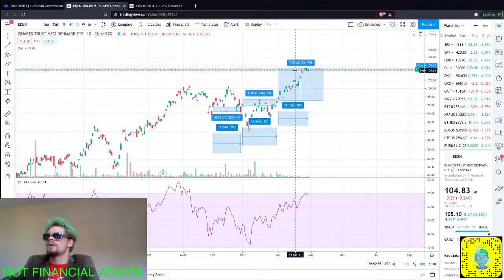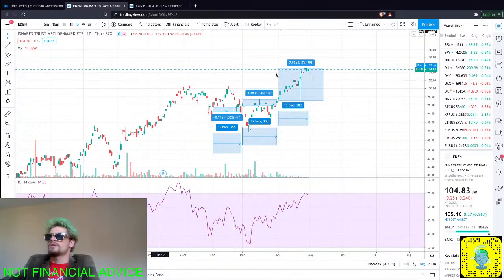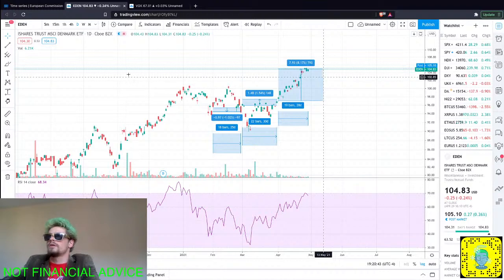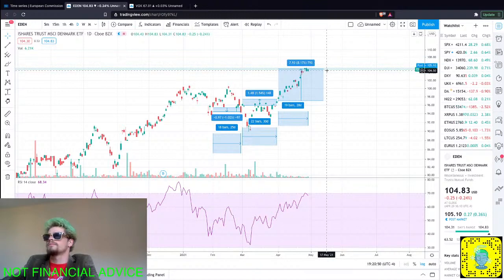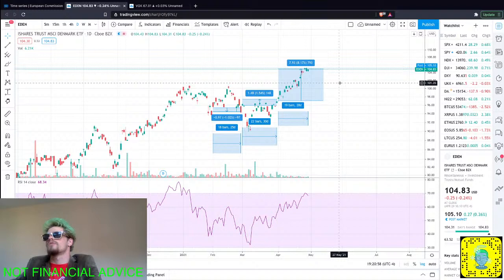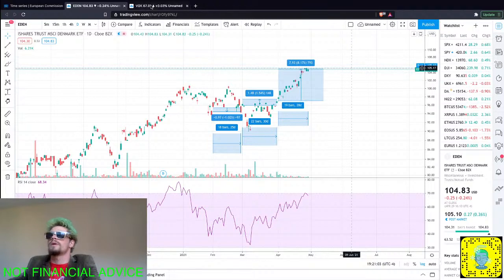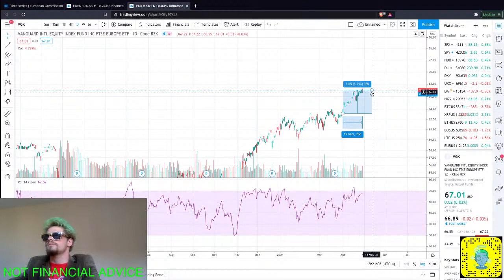So while it might not look like a lot percentage-wise, as far as your risk is concerned, you're gaining roughly, I personally, if I were to invest in the Denmark ETF, I would expect roughly 20, 30, 40% more return compared to the Europe ETF. Although it's taking on more risk, it's giving you a lot more return comparably.